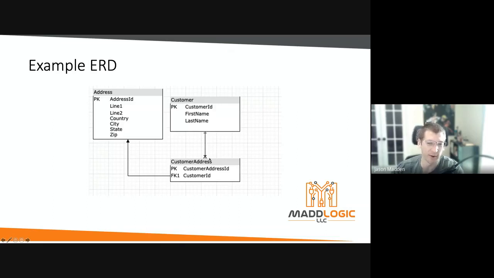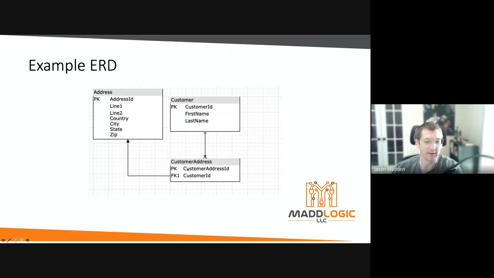It's really more common to be something on the whiteboard and you end up just taking a picture and throwing it in Jira or something. So a customer can have one or more addresses, and then this address table is actually inherited into the customer address.